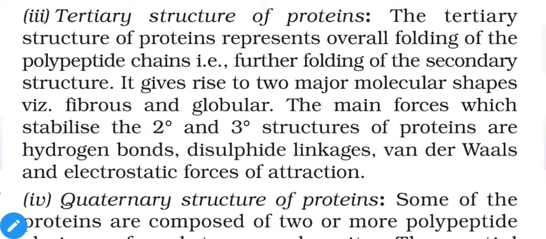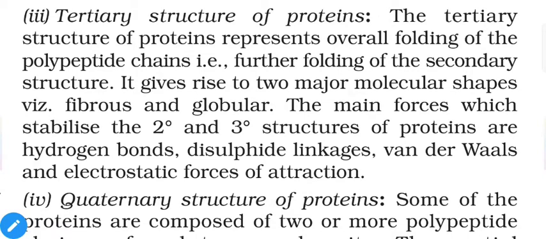Then the tertiary structure of protein represents the overall folding of the polypeptide chains, that is, further folding of the secondary structure. It gives rise to two major molecular shapes, fibrous and globular proteins. We already discussed these two shapes. The main forces which stabilize the secondary and tertiary structure of proteins are hydrogen bonds, disulfide linkage, van der Waals, and electrostatic forces of attraction.